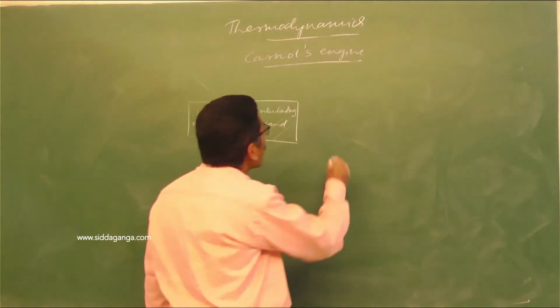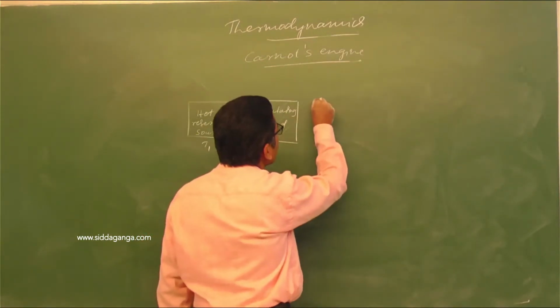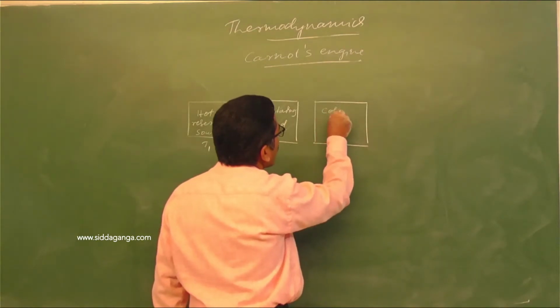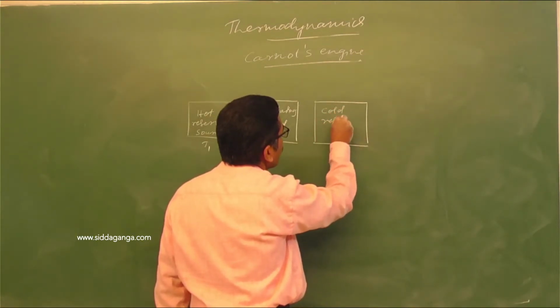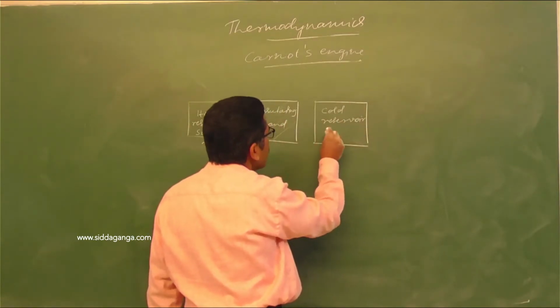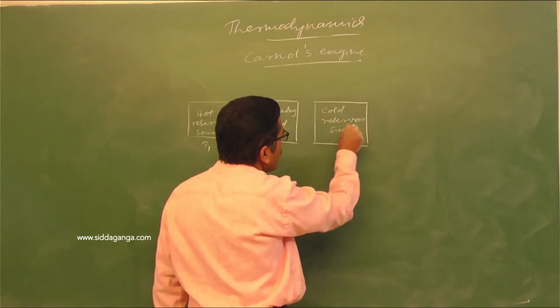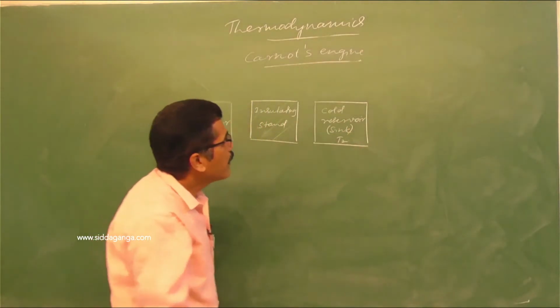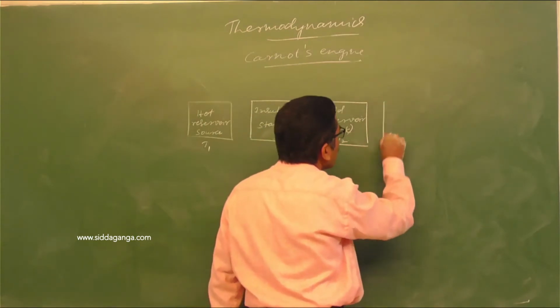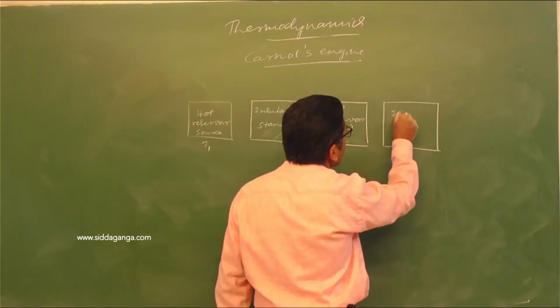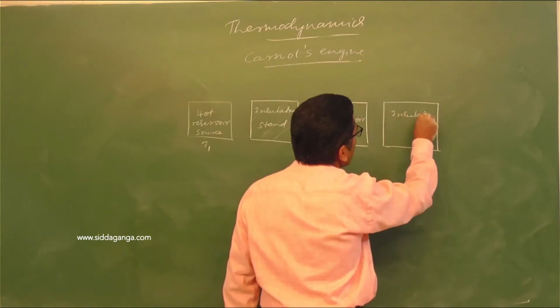Then we have a sink or cold reservoir, which is at constant low temperature T2. Then again we have an insulating stand.